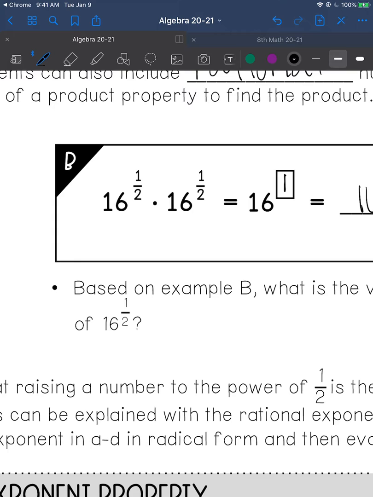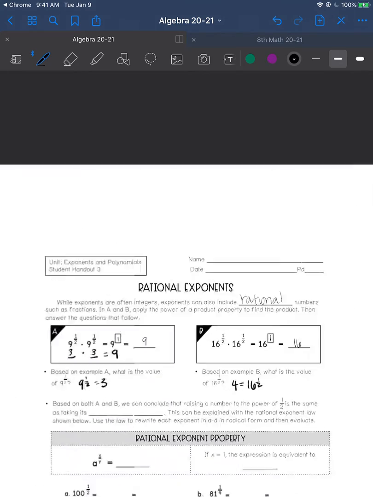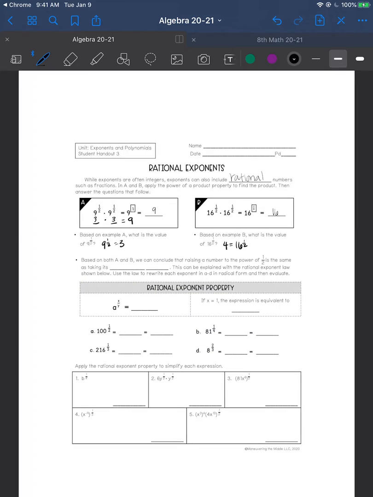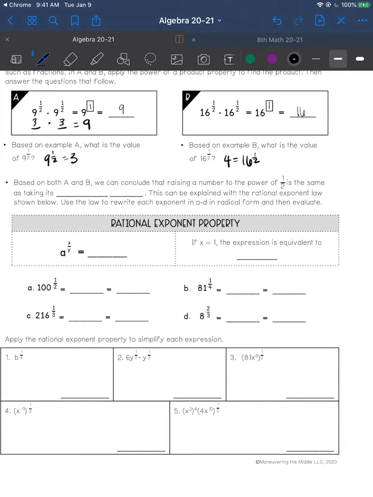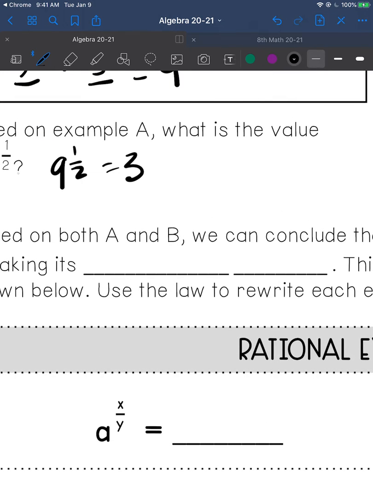Well, the square root of 16 is equal to 4. So 16 to the 1/2 power equals 4. So based on both A and B, we can conclude that raising to the power of 1/2 is the same as taking its square root.